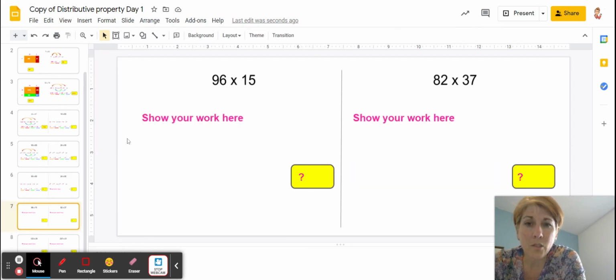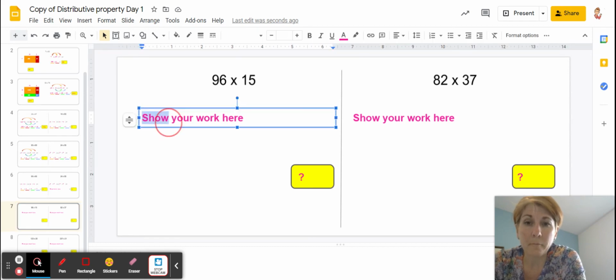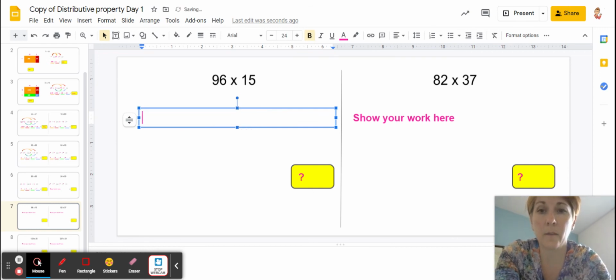And then in the last two, all I have is just the text box. And so in this case, you would have to put a bracket in and go, that's going to be 90 plus 6 bracket times, so you're splitting up the number 10 plus 5.